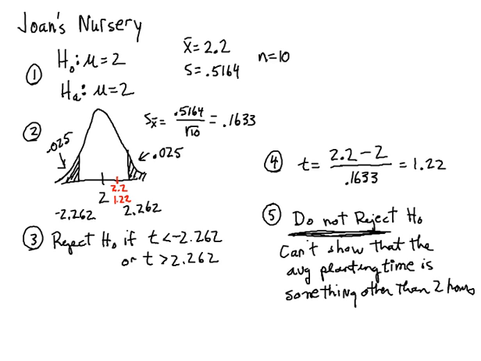It's too close to the 2 hour average as claimed by the null hypothesis. So too close to call here. The evidence isn't strong enough to get a rejection of the null hypothesis. Again, that doesn't mean that the null hypothesis is true. It's just the evidence isn't strong enough to show it's not.